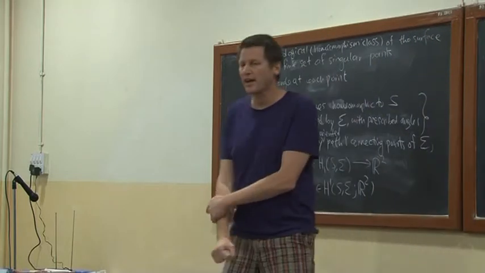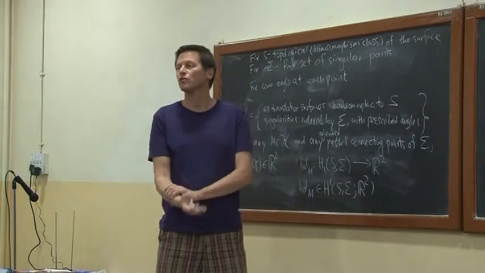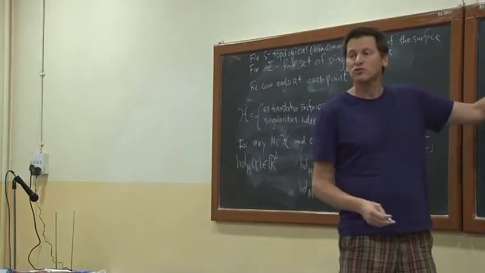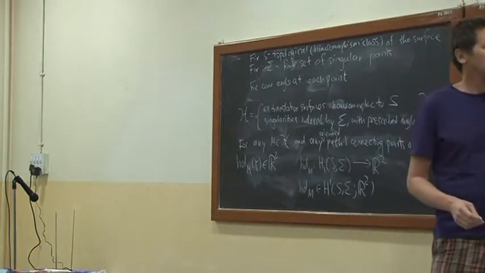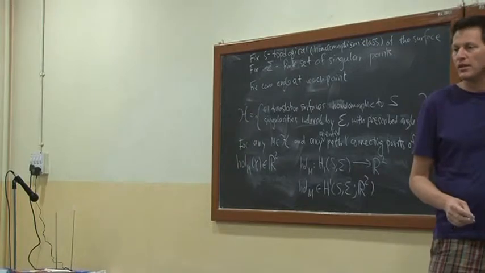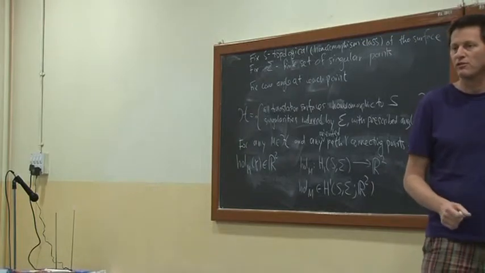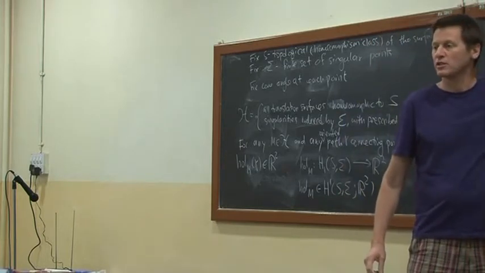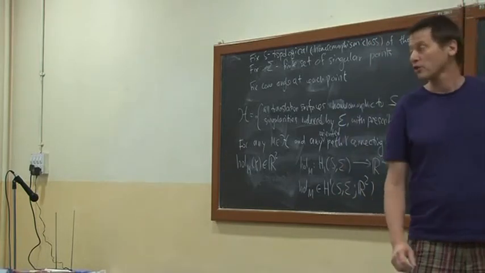And once I've said that, I should explain to you how SL2R is acting in these coordinates. So this is a coordinate system on H, and in this coordinate system, SL2R just acts on the plane in this cohomology space, because when you have an action on the coefficient ring of a homology space, you have an action on the cohomology space.